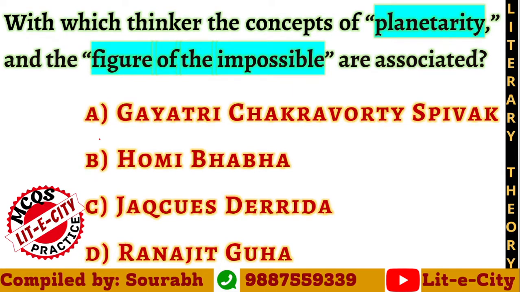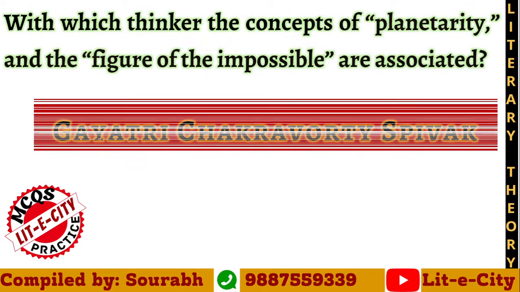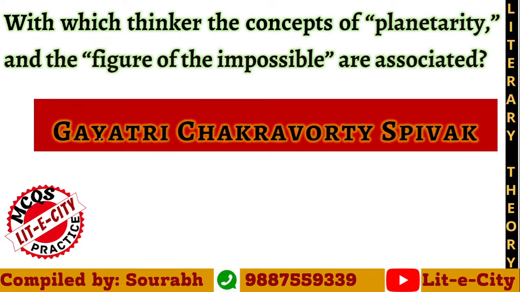Now, out of these four, the critic who explored the concept of planetarity, the figure of the impossible is, yes, Gayatri Chakravorty Spivak. She has given so many key terms like subaltern, strategic essentialism, planetarity, figure of the impossible, notion of translation.